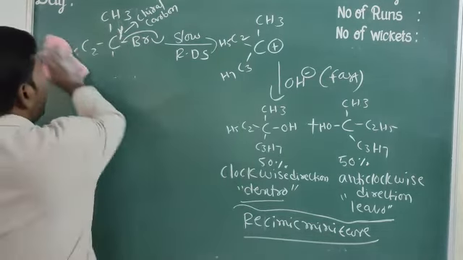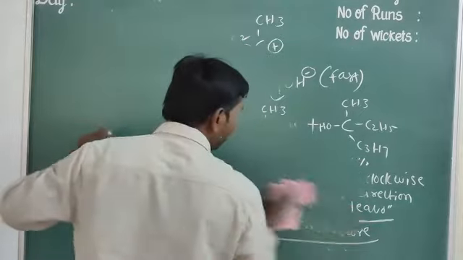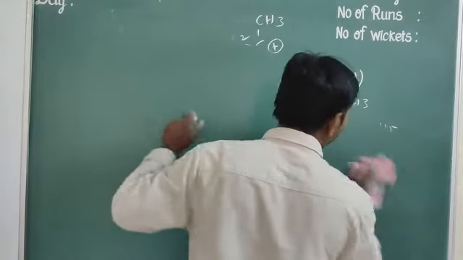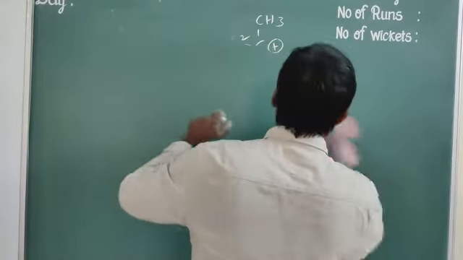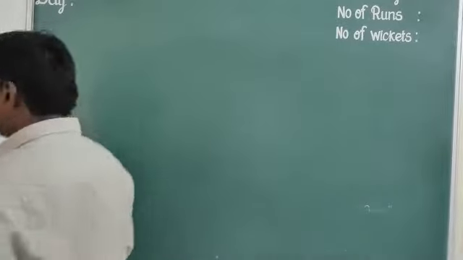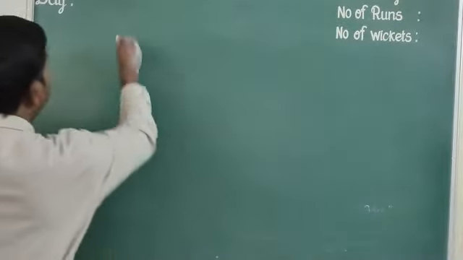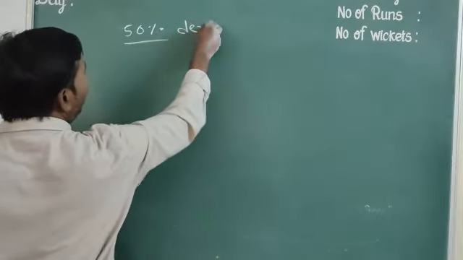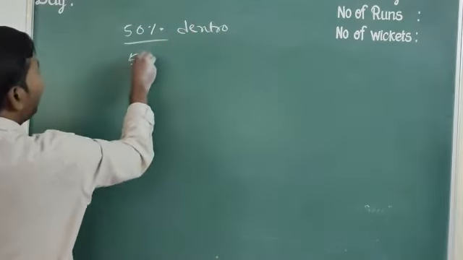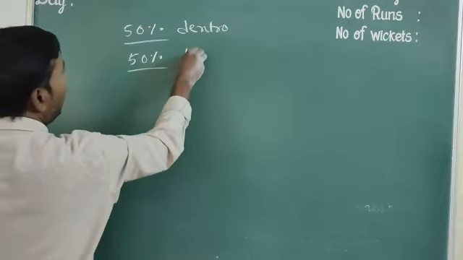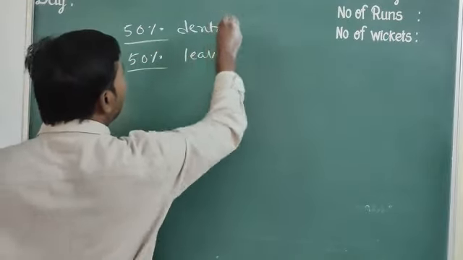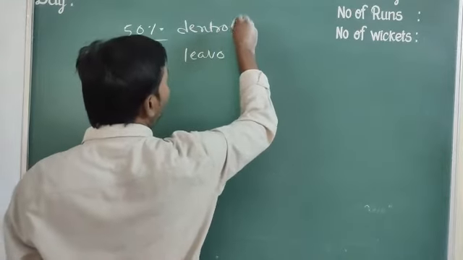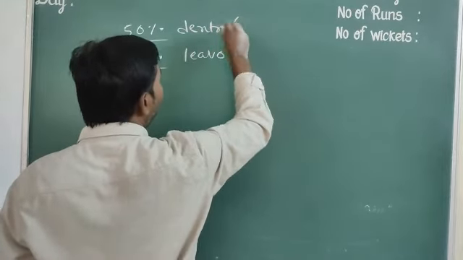Now come to the point again. In the SN1 mechanism, whenever we take a chiral carbon as a tertiary haloalkane, 50% is dextro formation, 50% is levo formation. Dextro means clockwise, levo means anti-clockwise.